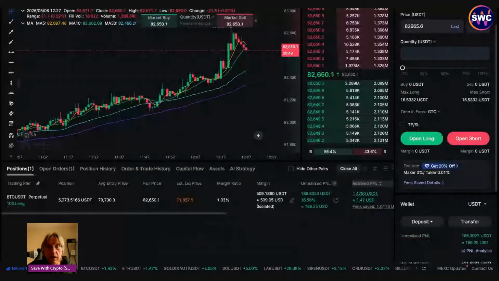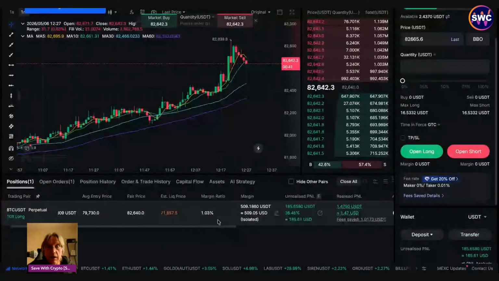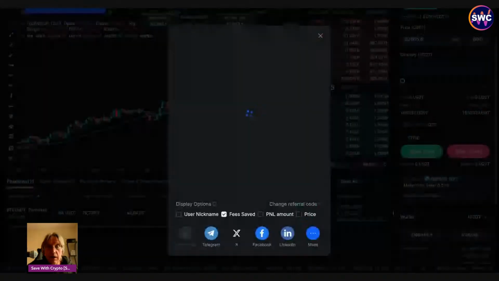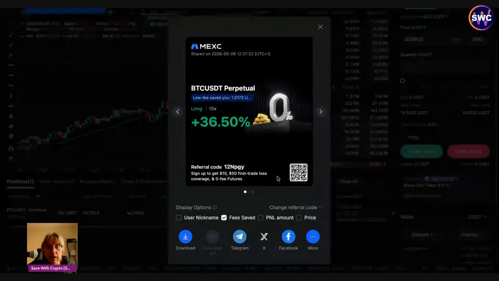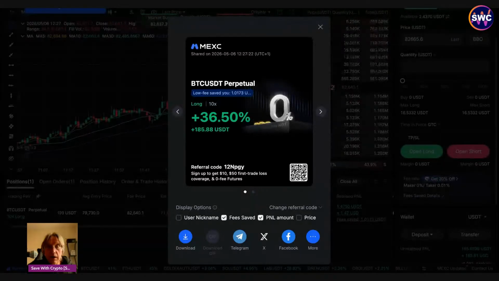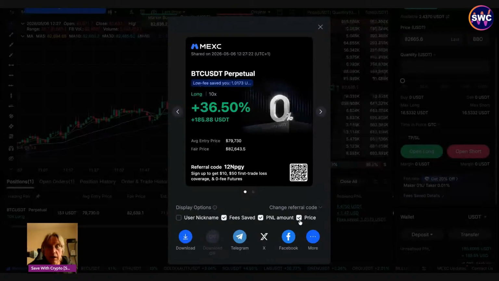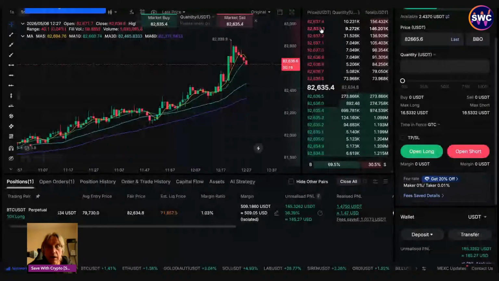My entry was 79730, and it's currently 36% up. There you go, 36.5% up, $185 in profit. So that's how that one's doing at the moment. So that's good, isn't it?